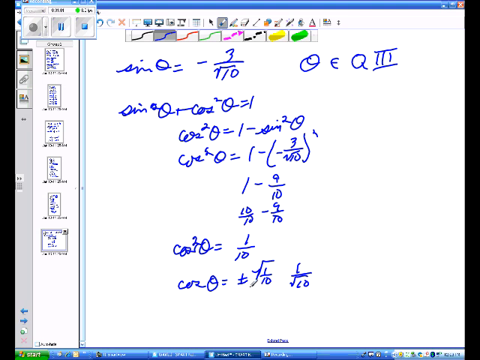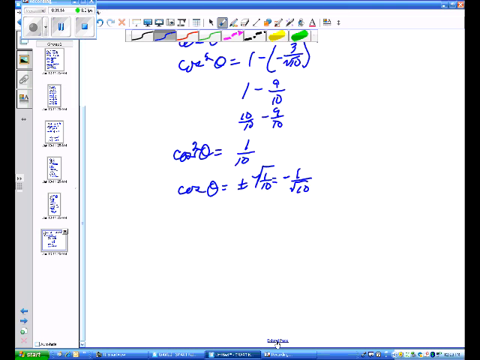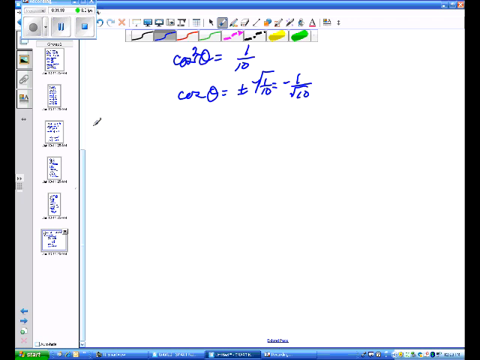We have to decide if it's positive or negative. We're in the third quadrant, and in the third quadrant, cosine is negative. So now we know the sine, and we know the cosine. We can find our reciprocal ones. The cosecant of theta is equal to 1 over sine of theta.